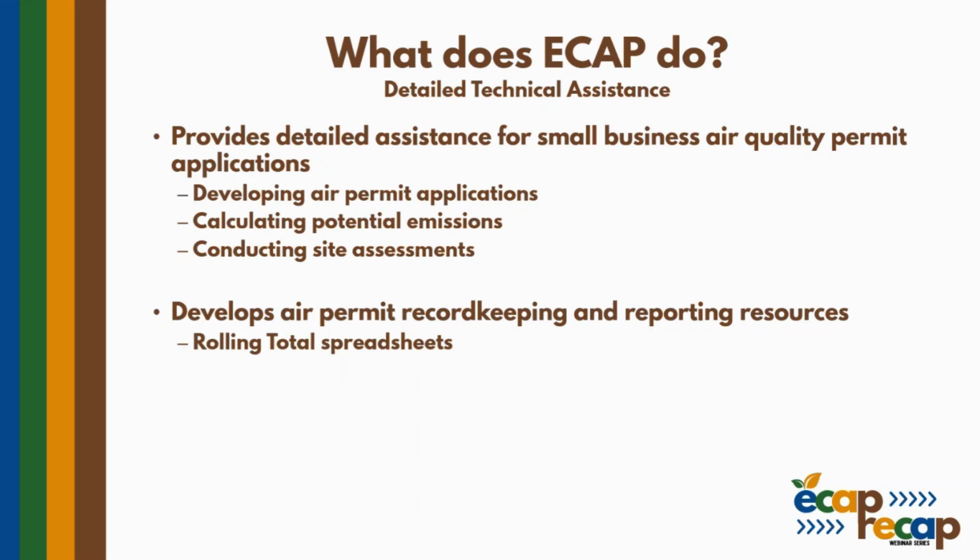We can help them fill out any required forms or help them with their record keeping as well. We can also help develop those record keeping and reporting spreadsheets for air permit requirements. For example, this might be a rolling total spreadsheet or a way to track visual emissions.